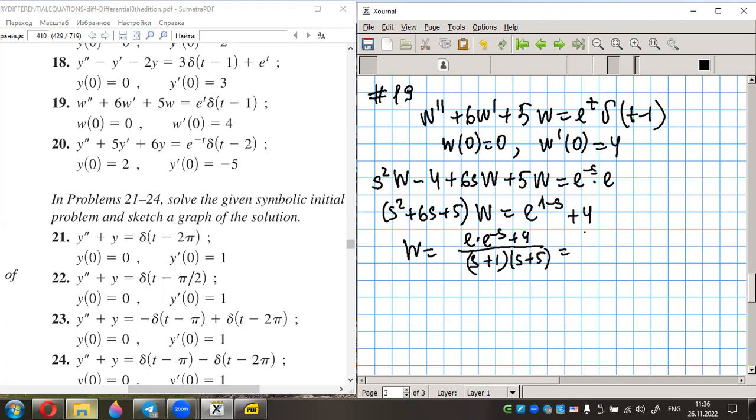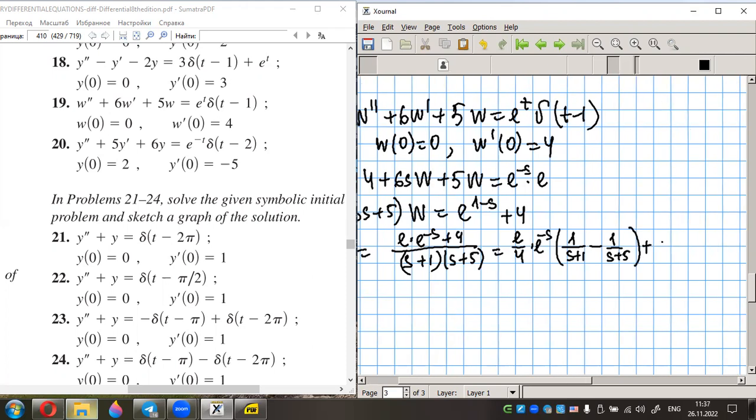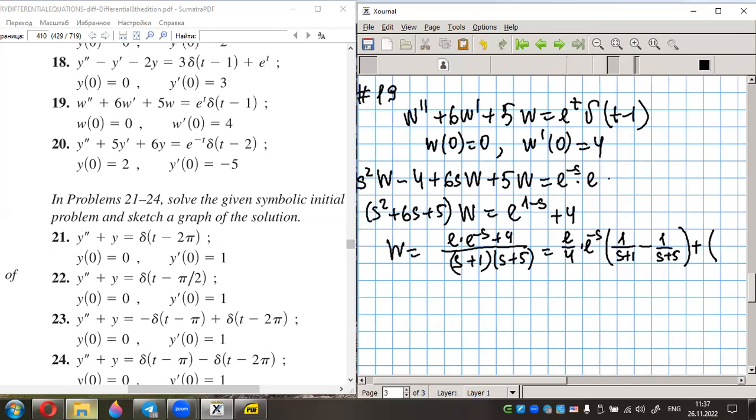This equals e over 4 times e to the minus s times 1 over s plus 1 minus 1 over s plus 5 plus. Why did it become e to the minus s? Could you please explain? Here we have 1, so it equals e to the 1 minus s.